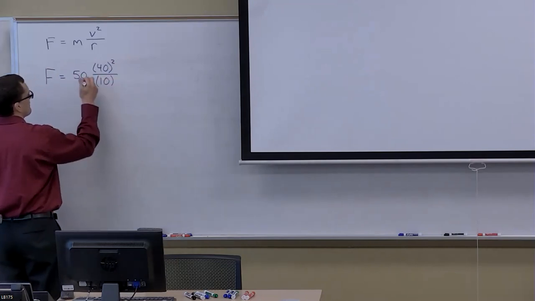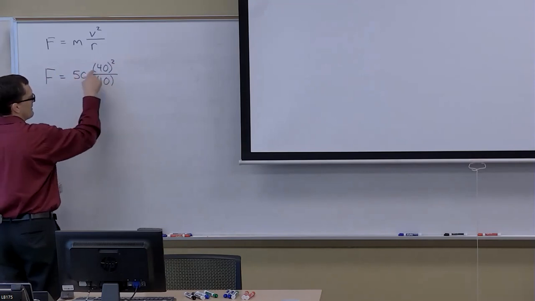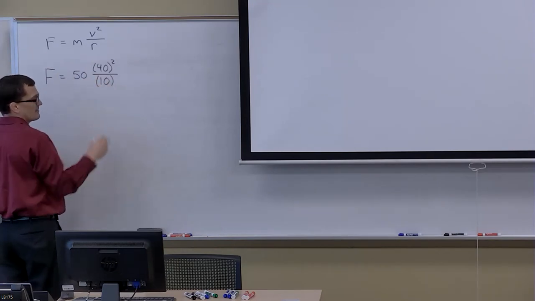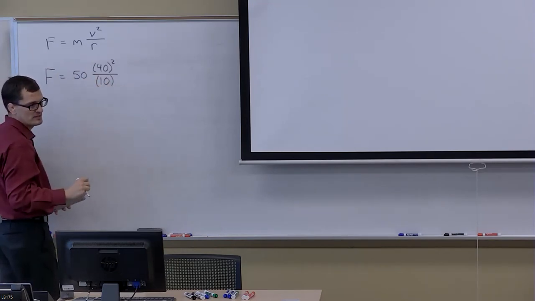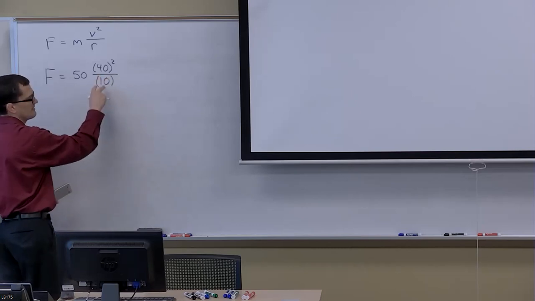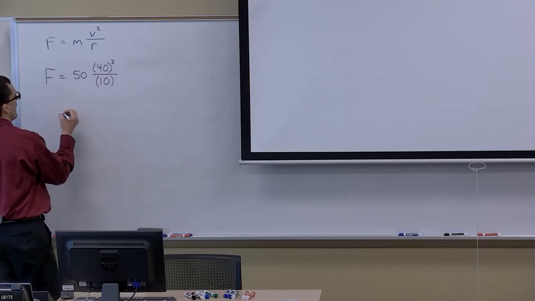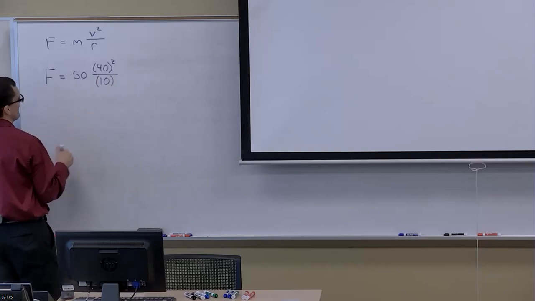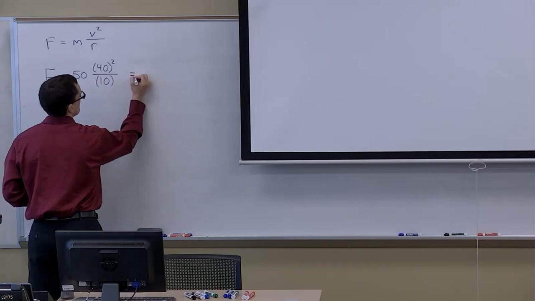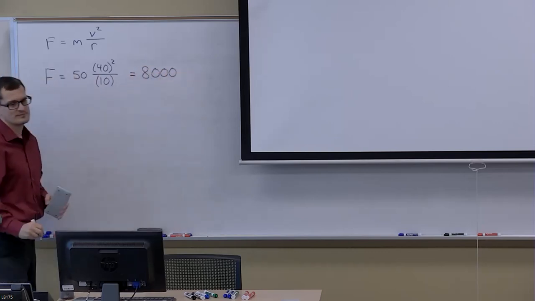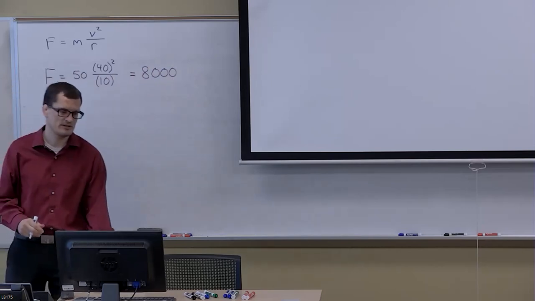It matters that you are multiplying the 50 times this fraction, but if you want to put it in parentheses or not, you could put a divide sign without the parentheses. It's not a big deal. And the force comes out to be 8,000, numerically.